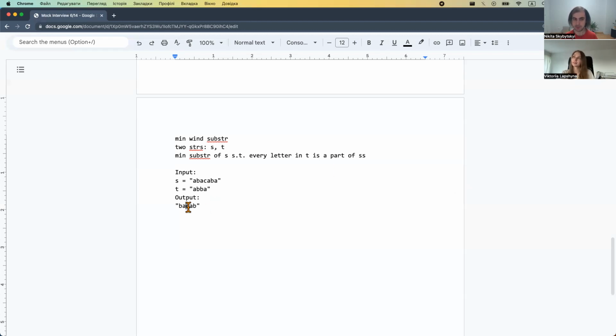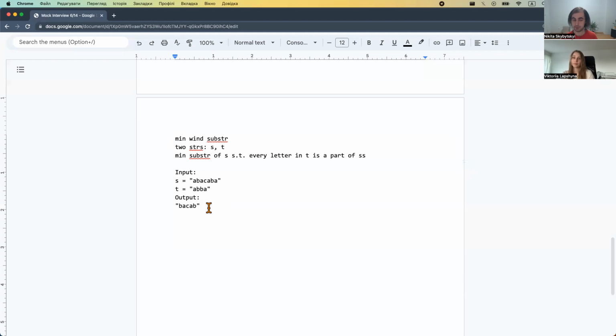And it is okay to have extra characters. Yes. Okay. Do I return the substring or the length of the substring? You return the substring itself. Okay, the substring itself. And minimum just in terms of length. Yes.